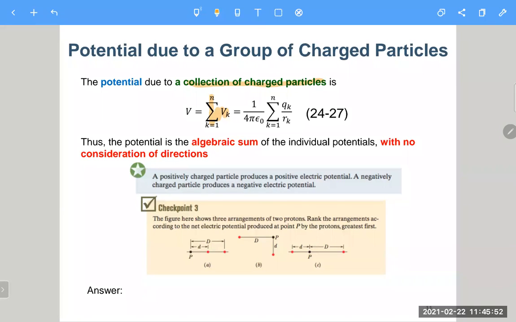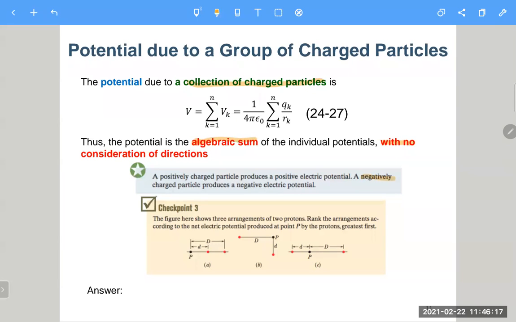Thus, the potential is the algebraic sum of the individual potentials with no consideration of direction, so you don't need to decompose it in different directions and then add along those directions to form the vector. A positive charged particle produces a positive electric potential.